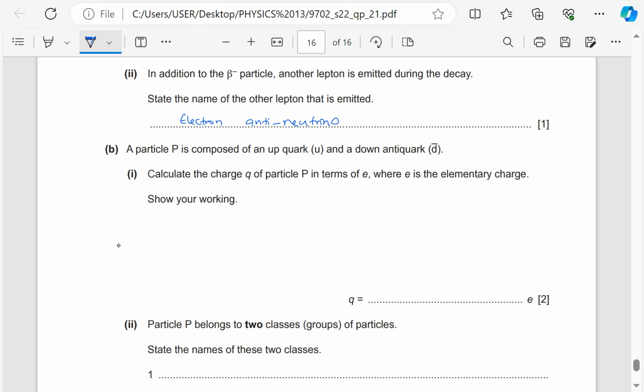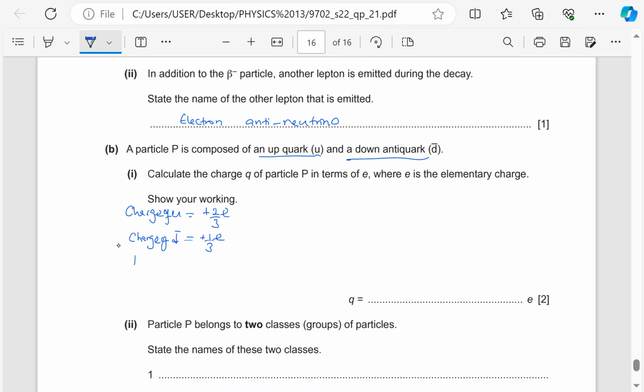A particle P is composed of an up quark and a down antiquark. Calculate the charge Q of P in terms of e, where e is the elementary charge. Show your working. So the charge of an up quark is of course plus 2/3e, and the charge of anti-down is plus 1/3e.